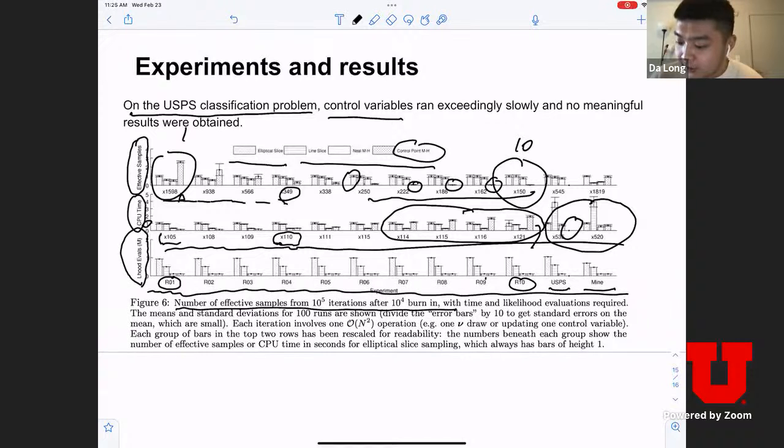And the third measurement is the number of likelihood evaluations. But I am not sure why they need to use this measurement. They just compare their test log likelihood. This is the number of likelihood evaluations, like how many times they evaluate the likelihood.